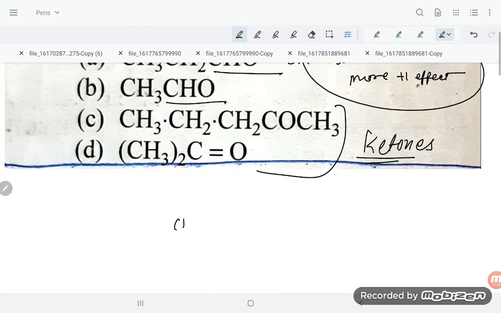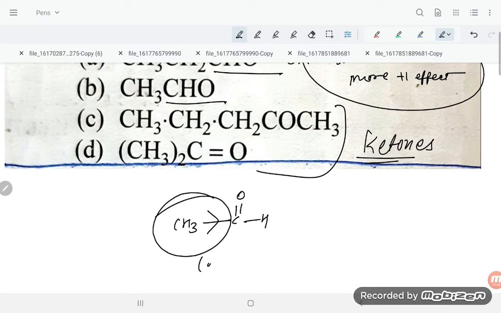Another one is CH3, C double bond O and H. It has less plus I effect, students.